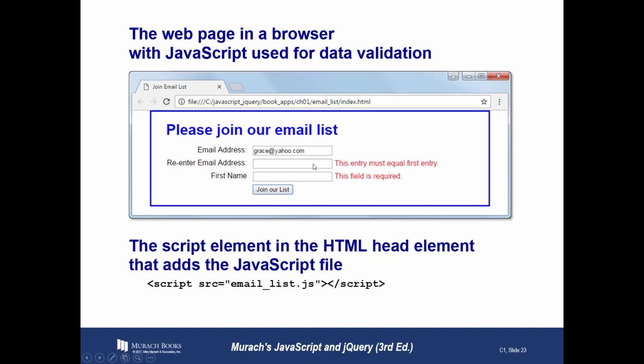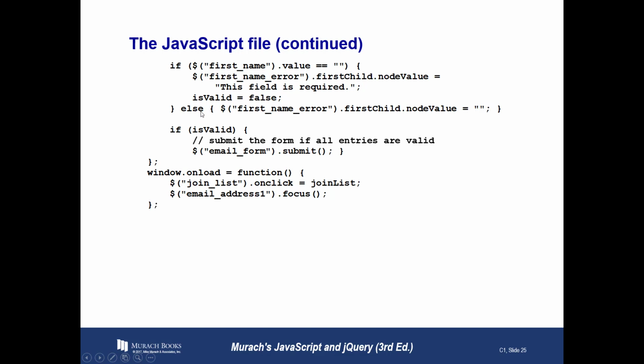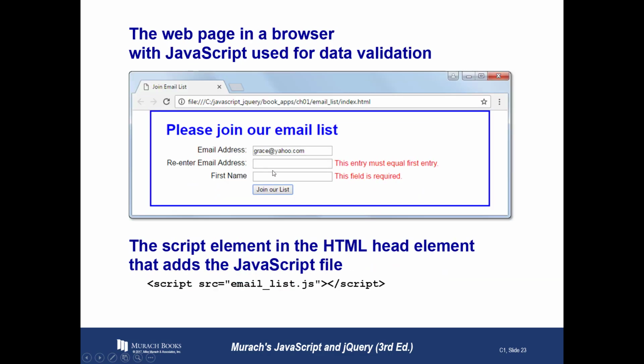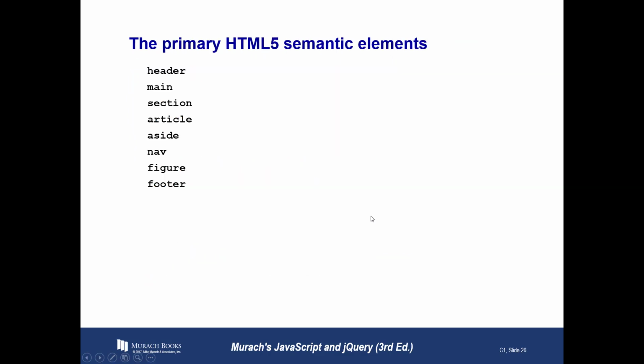And you can see that it does. We also check the last field, and if there's nothing in there, we say this field is required. And you can see we've got that right here. So the JavaScript is working in unison with the HTML and with the CSS to let us achieve what we're trying to do.